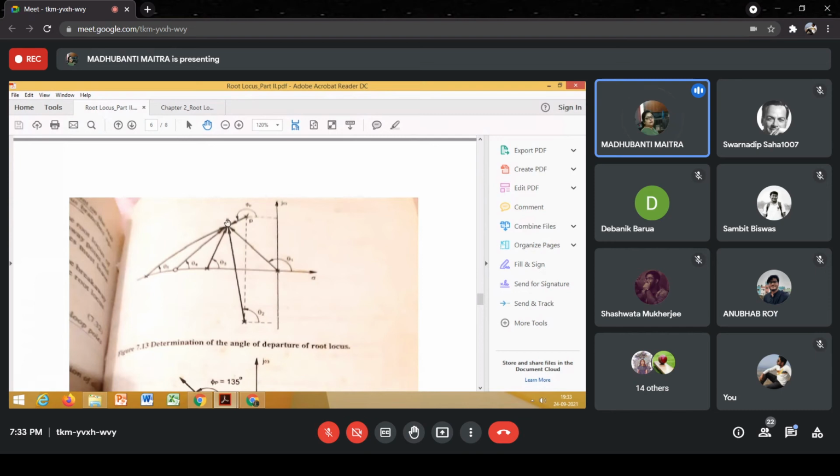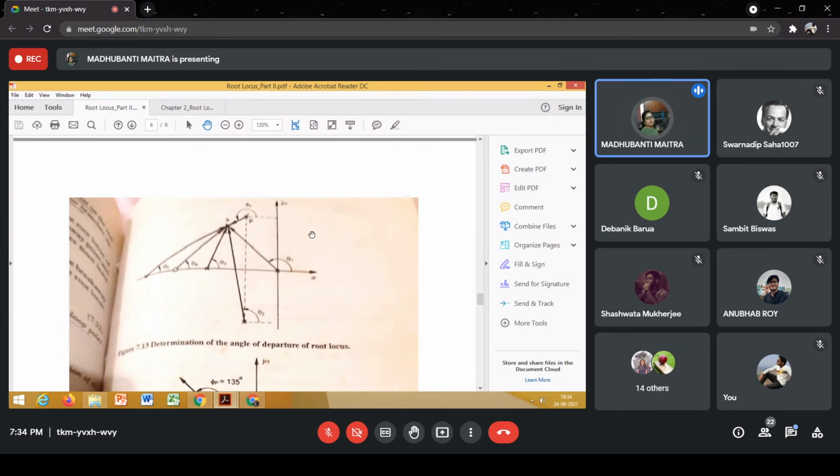So, at this particular point, which is very close to this complex open loop pole, the net angle contribution by all the open loop poles and zeros will be phi minus phi p. Phi was the net angle contribution by all other open loop poles and zeros excepting this one. So the net angle contribution by all the open loop poles and zeros at this point is given by phi minus phi p.